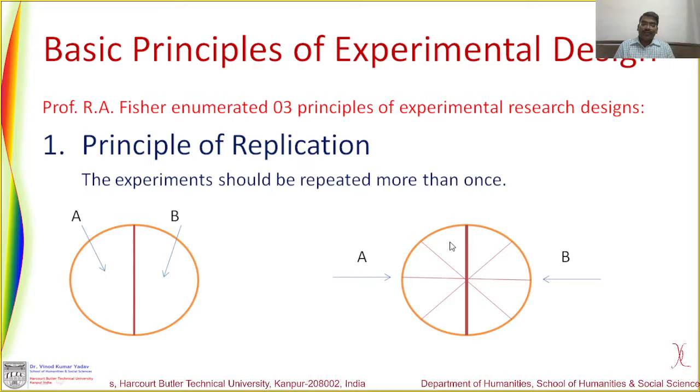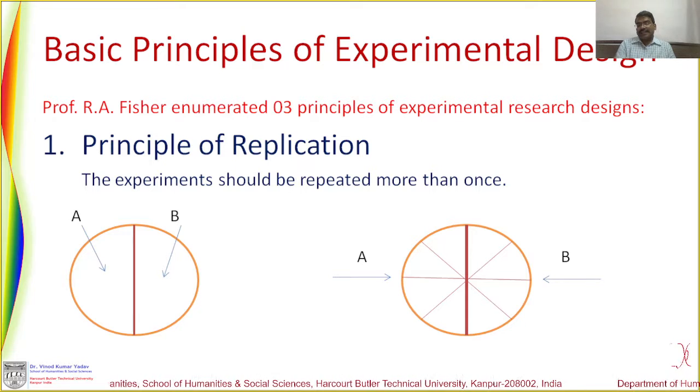It means you make 4 subgroups of this half of the field, separate them, and check the yield of A brand in the first, then second, third, and fourth. You use all these 4 plots for A type of rice and these 4 for B type of rice.